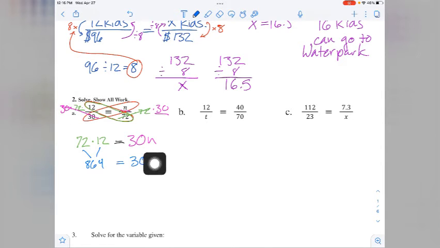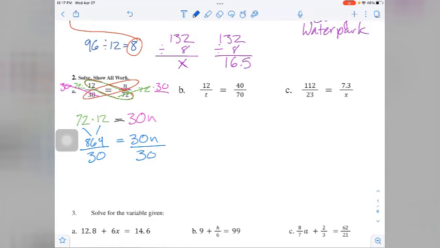And then if I want to get n by itself, I divide by 30 and divide by 30, and we should come up with 28.8. So 30n divided by 30 is just 1n, and then 864 divided by 30 is 28.8. I do that on my calculator.